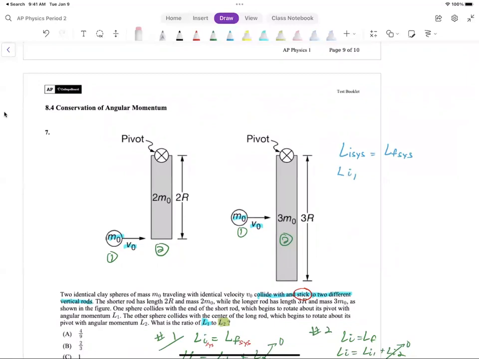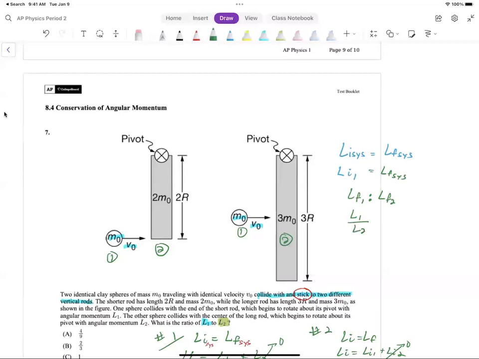That has to equal the final angular momentum of the system. I don't know why that changed to green. They want to know the ratio of L1 to L2. That's the final, so I want to know L final of 1 in ratio to L final of 2. That's just a fraction, L1 final over L2.